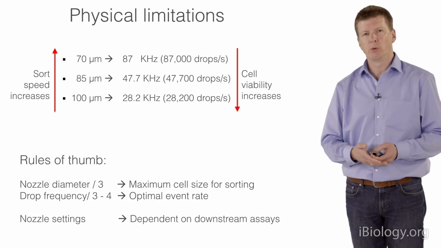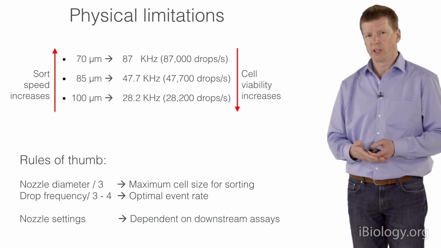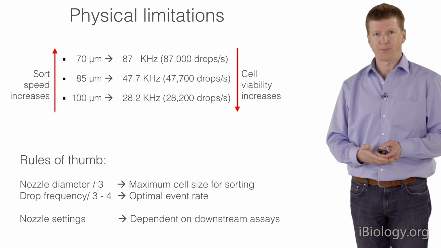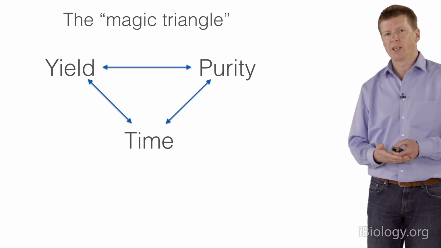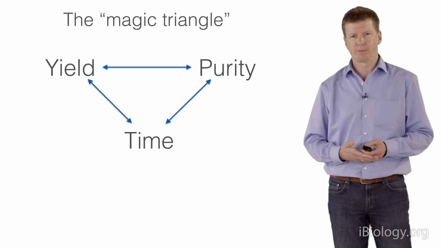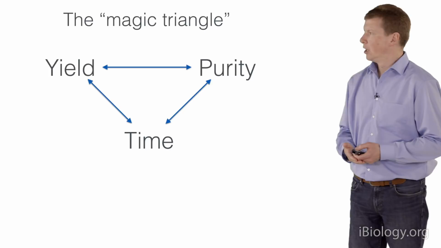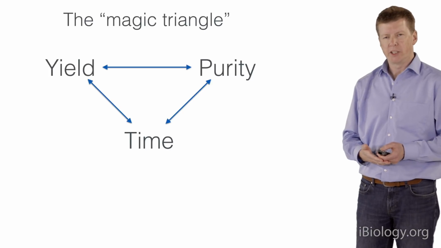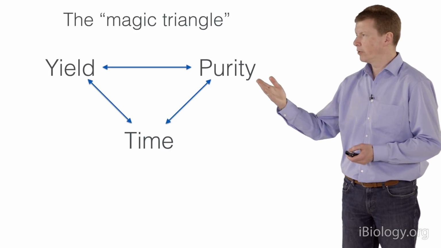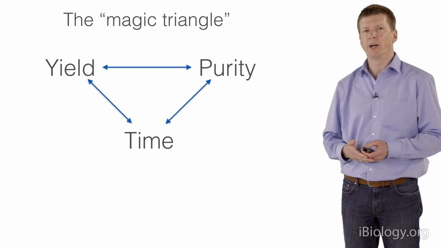For sure, if you want viable cells for transplantation or for cell culturing, then you would choose a more gentle treatment of your cells at the beginning. We heard about these three terms, yield, purity, and time, and we can put them in a kind of triangle because all three terms influence each other. One of the reasons is that you cannot really maximize all of them at the same time. You always have to find a compromise.